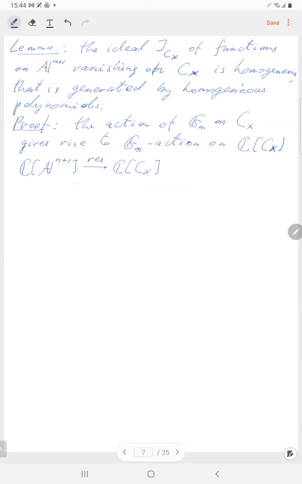Okay, and we have the action of the multiplicative group on everything here. And so you can decompose all these spaces with respect to this action into eigenspaces.